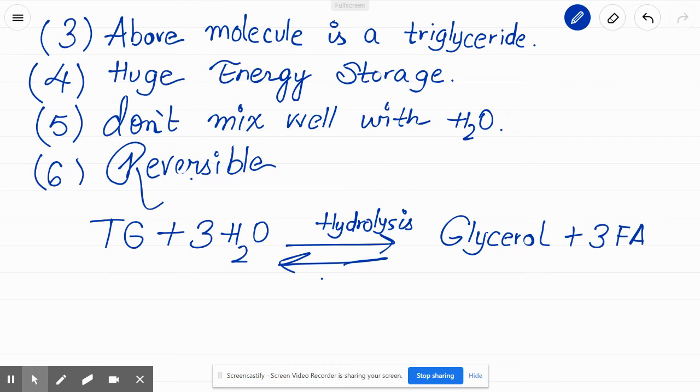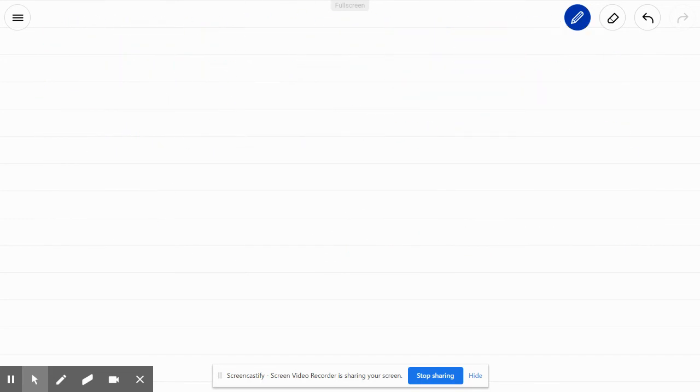We will now move on to the third lipid on our list of classifications, which was phospholipids. So we are going to move on to phospholipids.